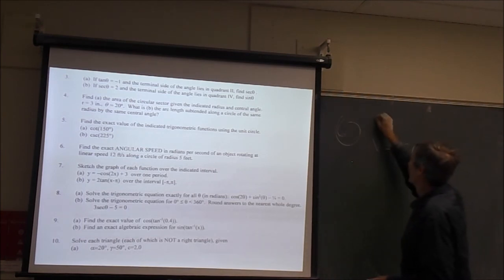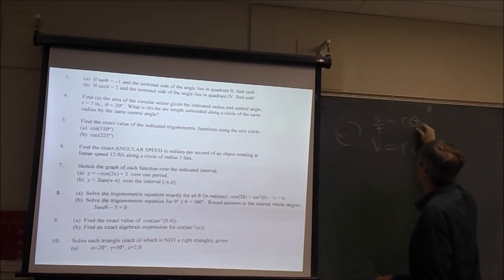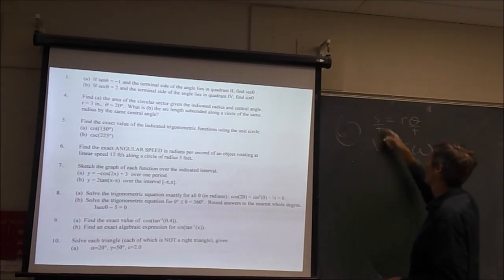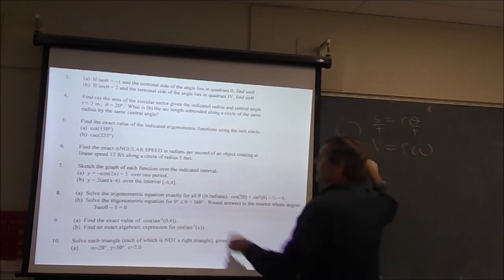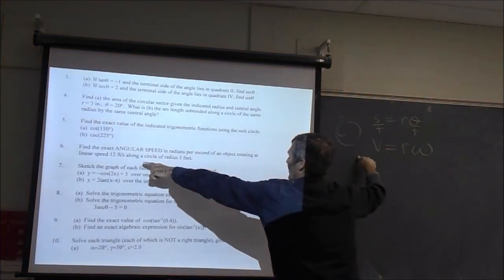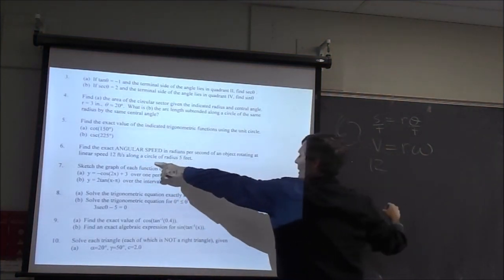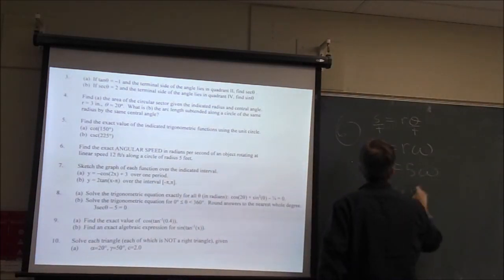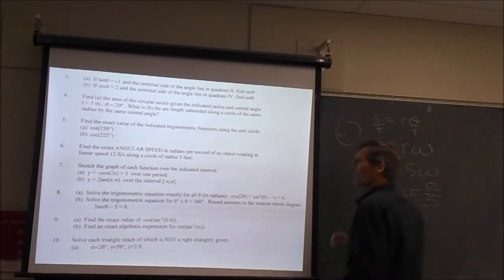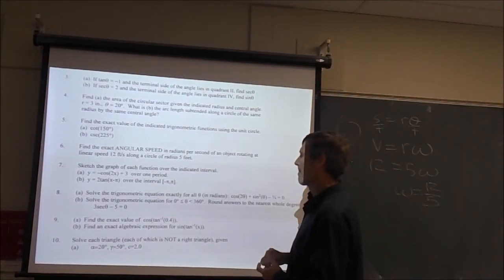It's just s equals r theta divided by t. Theta over t is the angular velocity, s over t is the linear velocity. So you take this one, divide by t, and get this one. Now we're given that the linear speed is 12, and the circle radius is 5 feet, so omega must be 12 fifths.